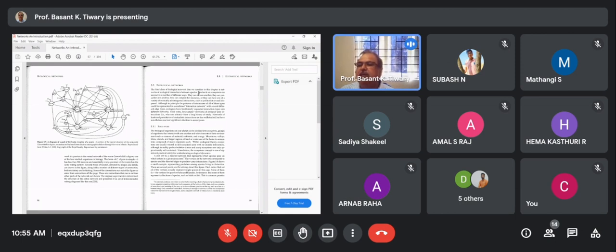In an ecological network, you can think of food webs and food chains; all these things are part of the ecological network. So the food web is a very important network in ecology. Here it's a directed network that represents which species prey on which others in a given system.